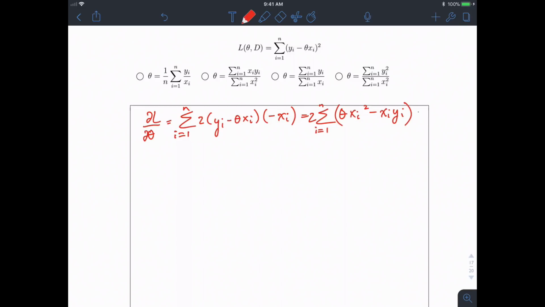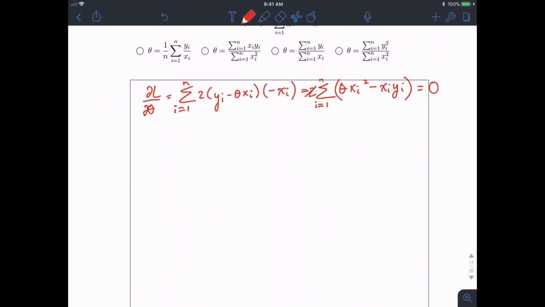And I'm setting this equal to 0 because I'm trying to optimize for theta. So I can ignore the 2 because I can divide both sides by 2 and distribute this sum. So this will give me the sum from i equals 1 to n of theta xi squared minus the sum from i equals 1 to n of xi yi is equal to 0.